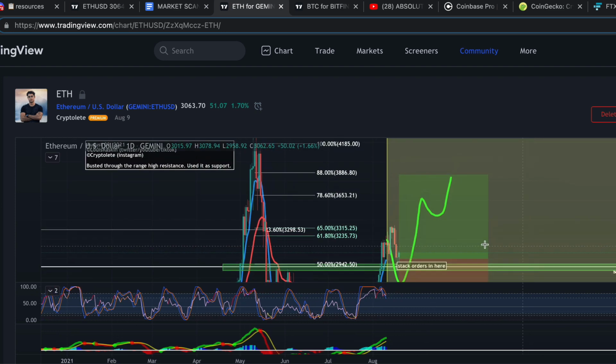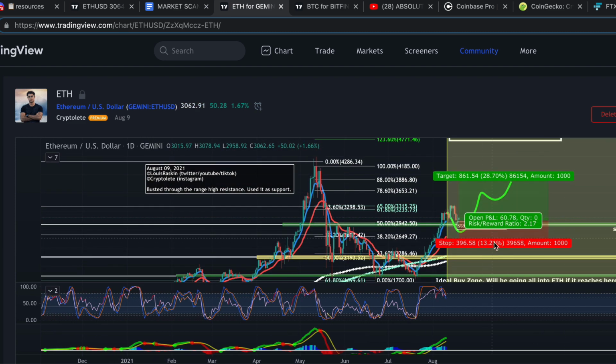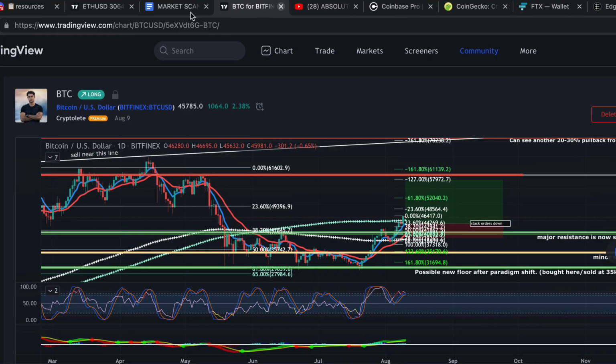And then hopefully it'll bounce from there. I have my stop under here because this is a fairly decent stop. I just don't think I'm going to need it, but you've got to have your stops in case.